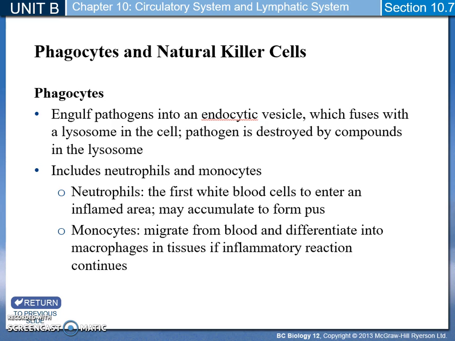These are often the ones that accumulate in very large numbers and form the pus, which often occurs with infection or damaged tissue. The monocytes migrate from blood and differentiate into macrophages in tissues if an inflammatory reaction continues.